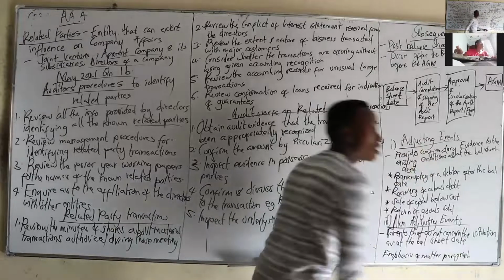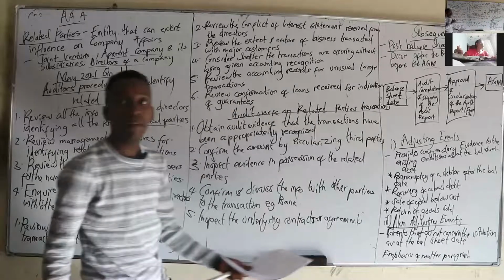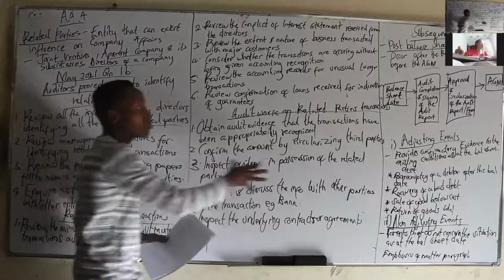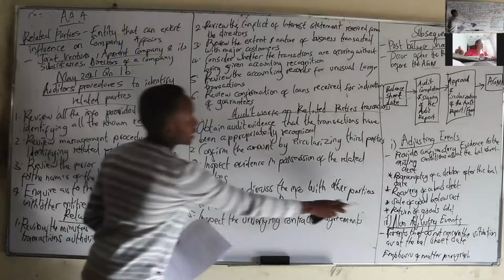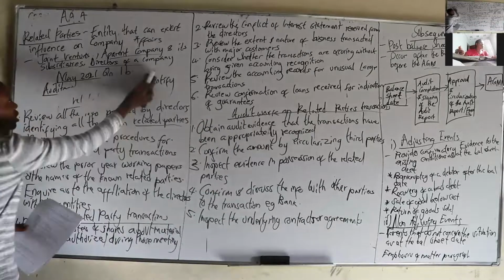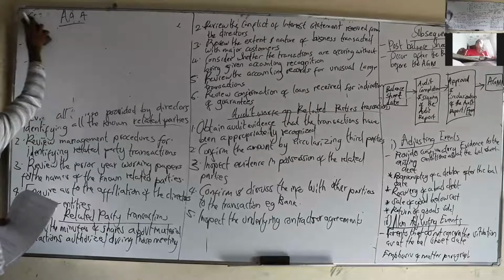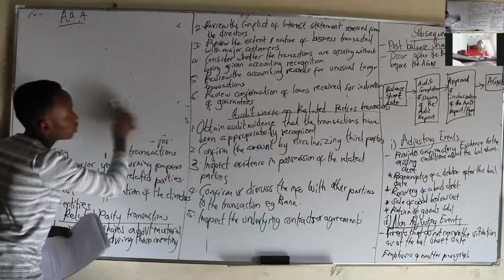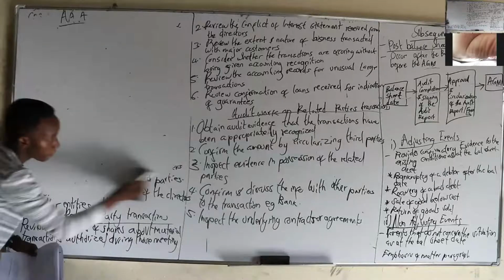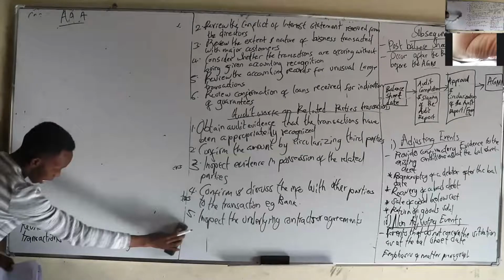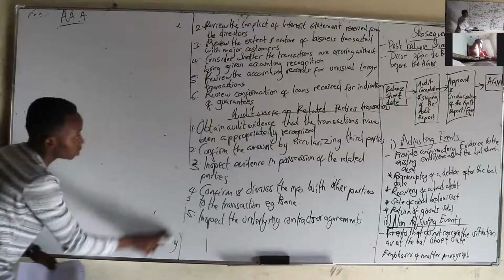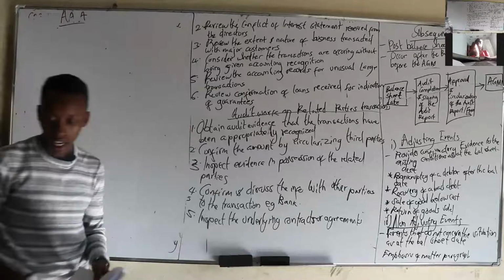It is a paragraph whereby we draw the users of the financial statements' attention to the areas that they should also notice about the financial statements that have been prepared. So it is a way to ensure that everything has been properly disclosed as and when the audit was completed. So that is what you're saying, the non-adjusting events in this case.